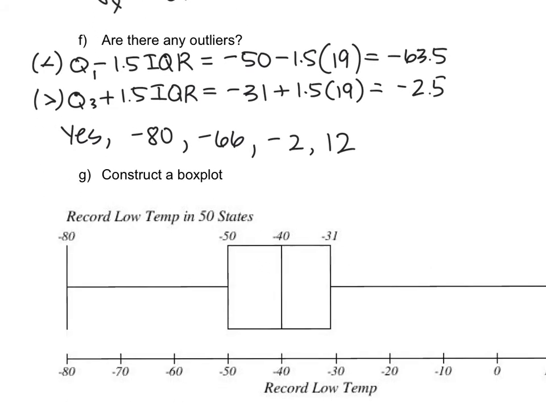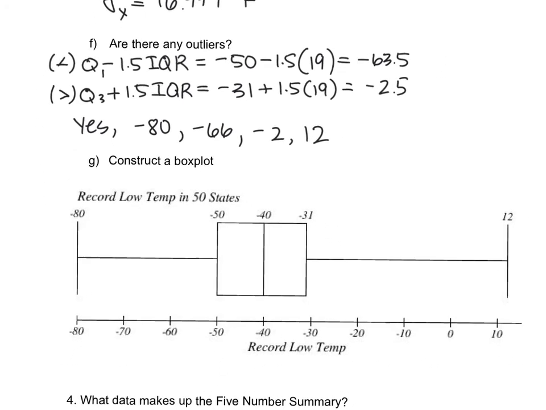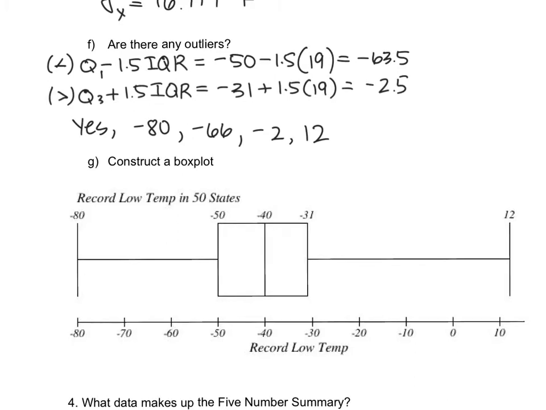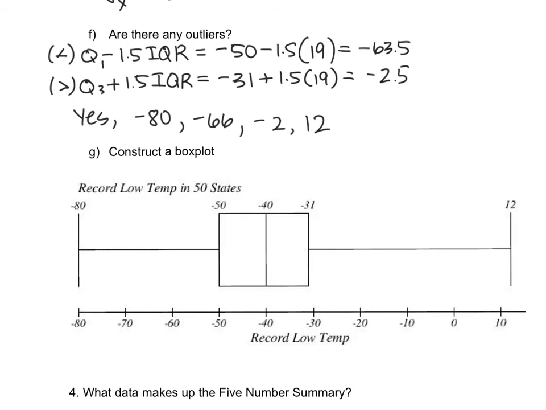The last thing was constructing the box plot. So I went ahead and used that website I gave you guys to insert my box plot. So remember, in the box plot we have our min, and then we have quartile 1, the median, quartile 3, and the max.